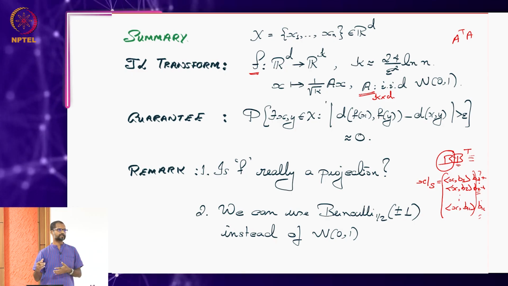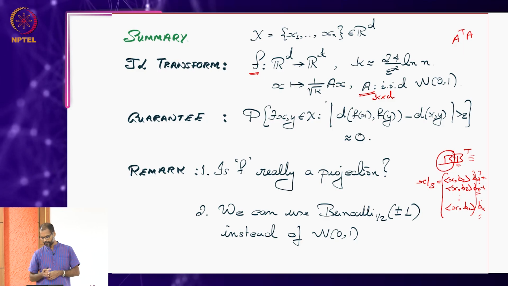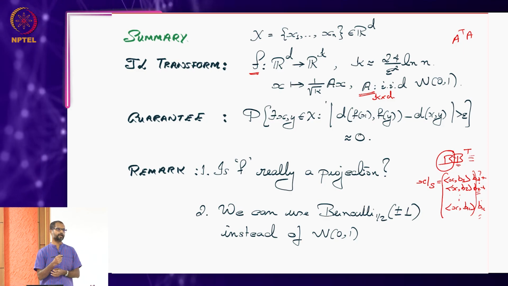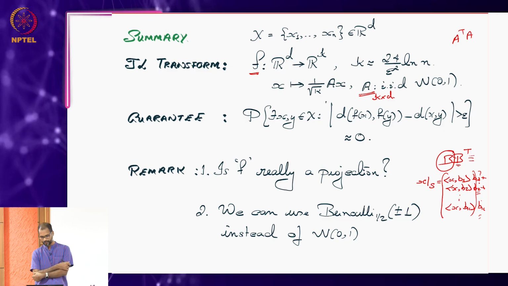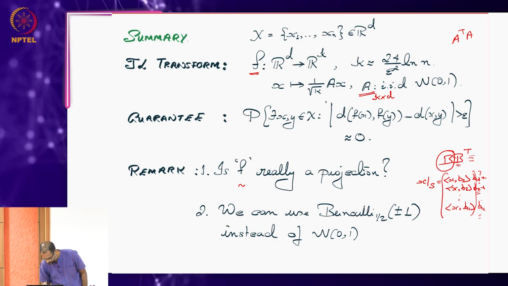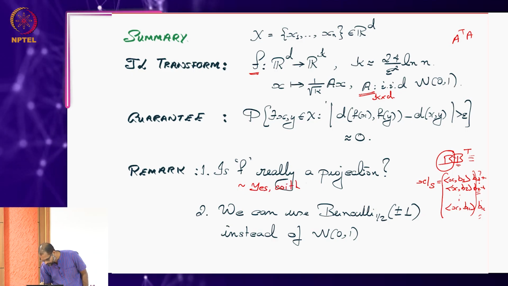Making it orthonormal is a matter of scaling, it does not really affect anything, but the representation is in terms of the new basis for the smaller dimensional space. So it is approximately a projection, yes, with very high probability.